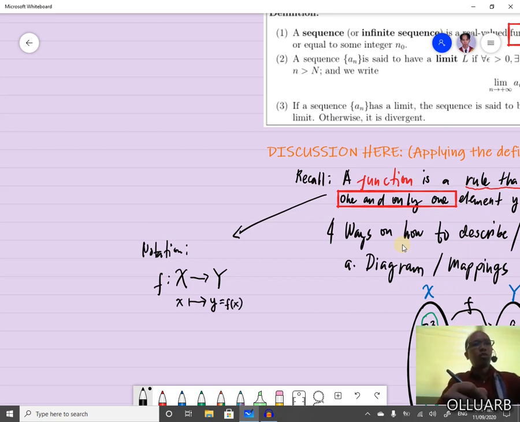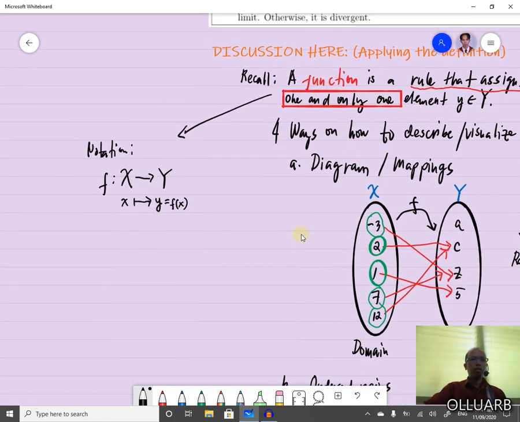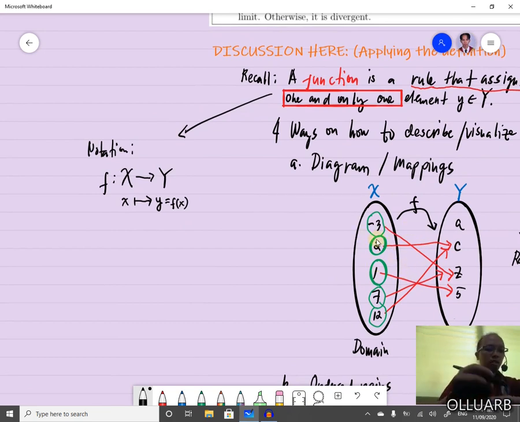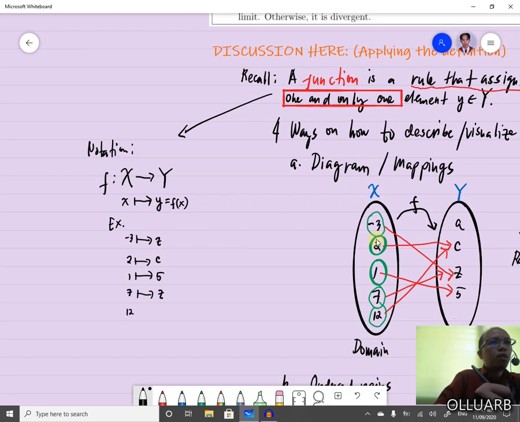Meaning to say, every element here, for example, our negative 3 is mapped to z, 2 is mapped to c, 1 is mapped to 5, 7 is mapped to z again, 12 is mapped to c.